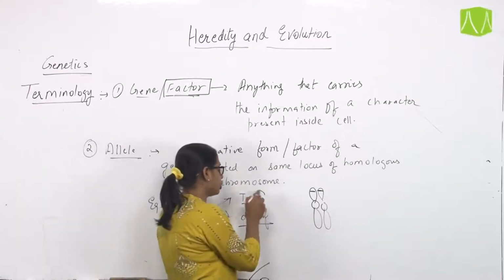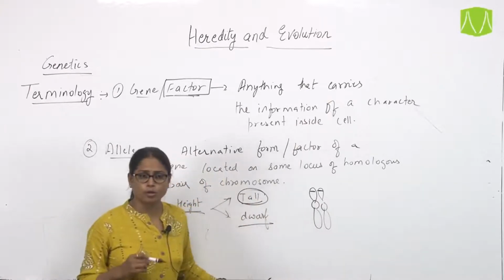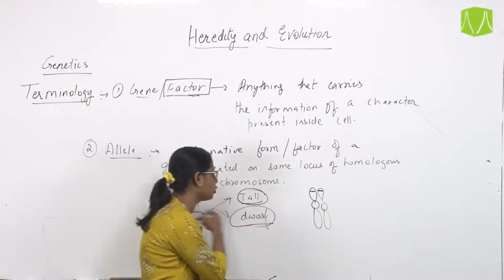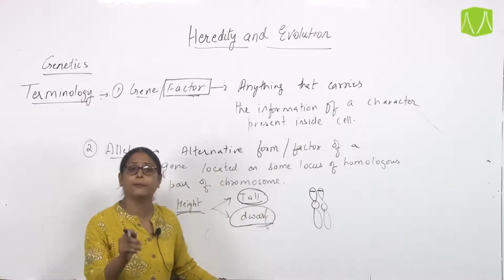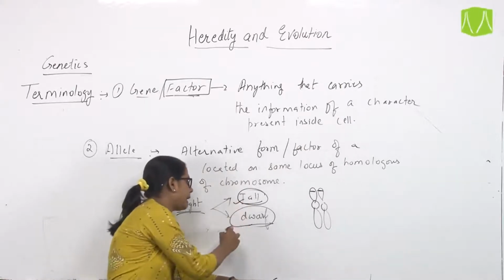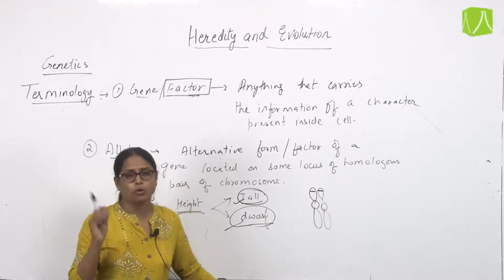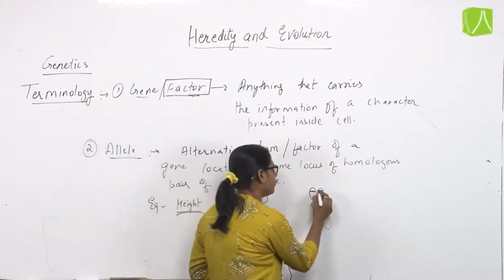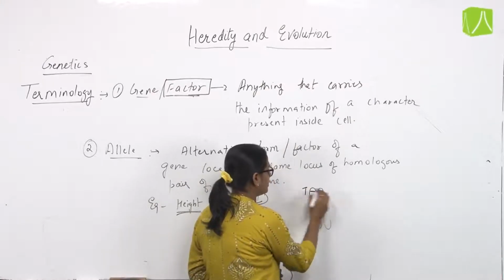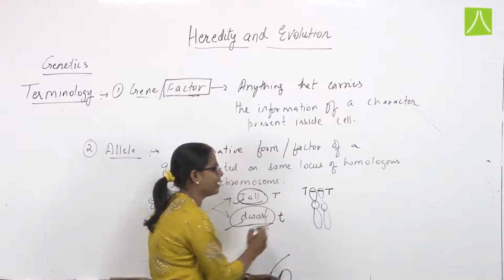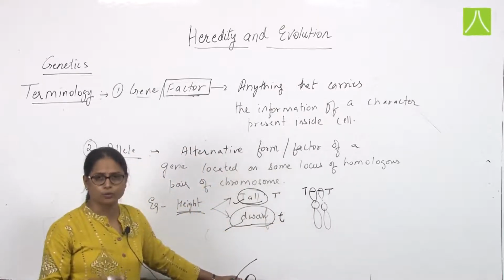So the tall variety appears in paired form, and the dwarf variety also appears in paired form in the diploid set of cells. Basically in a diploid cell, every variety appears on the chromosomes in pairs. So tall is represented by capital T, and dwarf by small t, like the symbols we are using here.